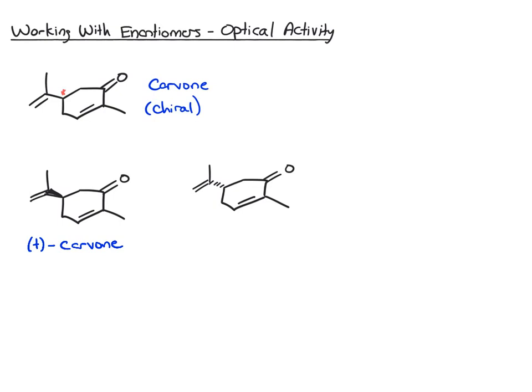Alternatively, if you want the other enantiomer, it's called minus carvone. So we can purchase this plus or minus in pure form.